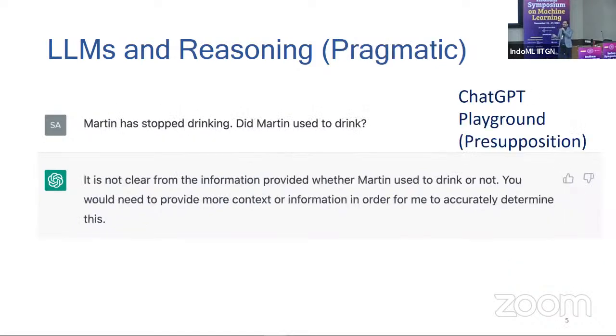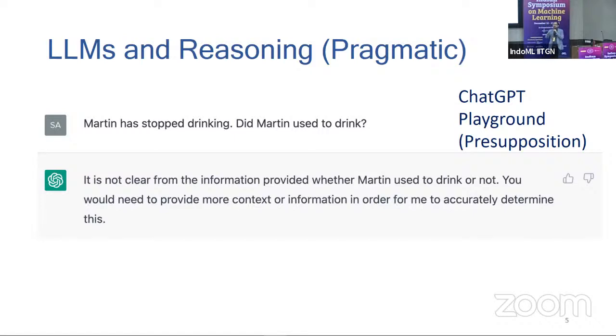Let's look at an example from pragmatic reasoning in NLP or linguistics. When we say Martin has stopped drinking, we generally presuppose that Martin used to drink. It's an example of presupposition. Similarly, if I say in World War II, 3 million soldiers died, that presupposes that World War II happened in the past.